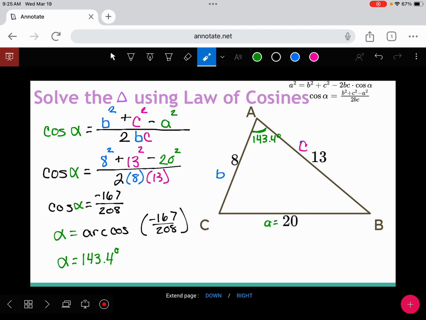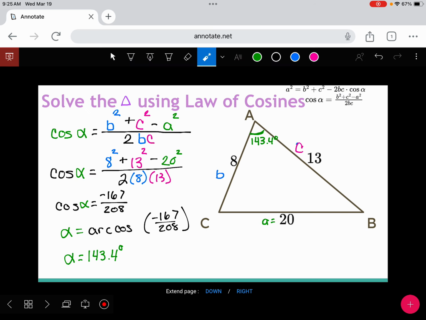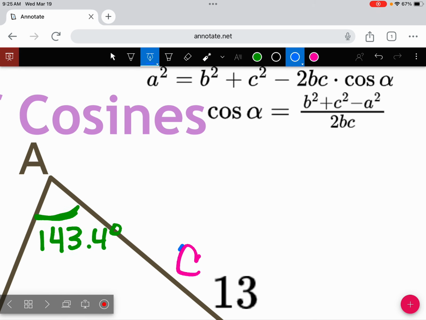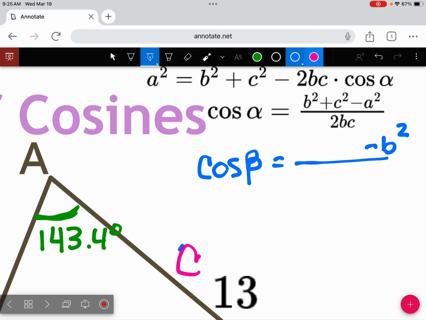Can we change that cosine of A to be a different angle? Yes, if you want to do that, just make sure we then have our angle and its side in this relationship. So if you want to do this as cosine of beta, we need to make sure we subtract the b squared and that in the denominator it has the other two sides, so 2ac, a squared, and c squared.